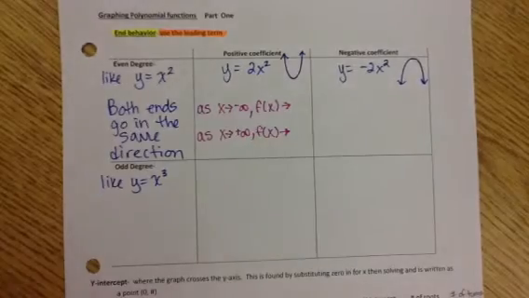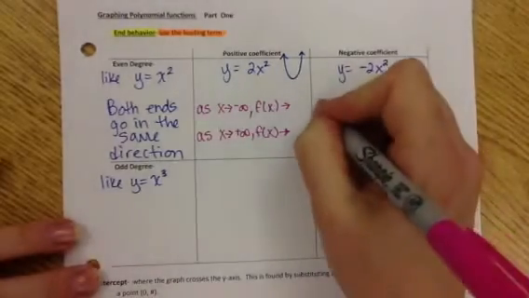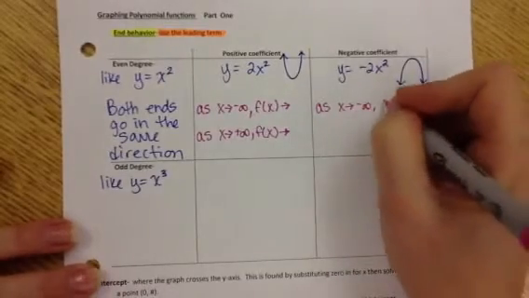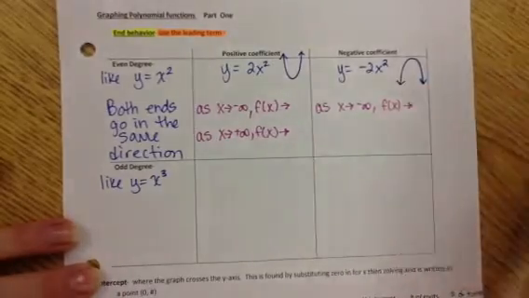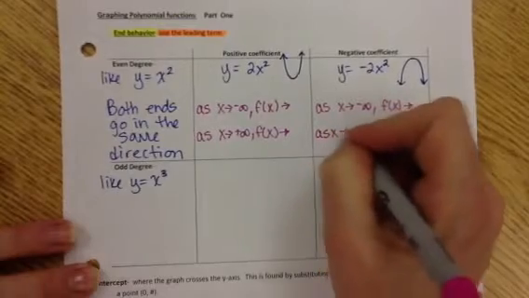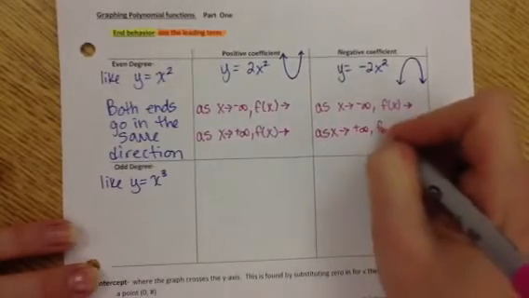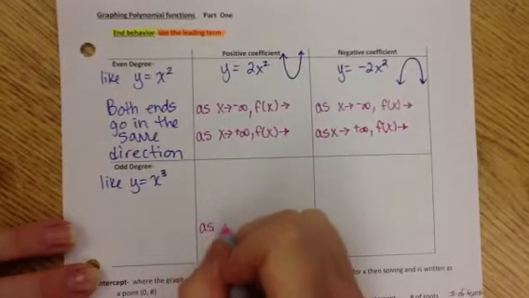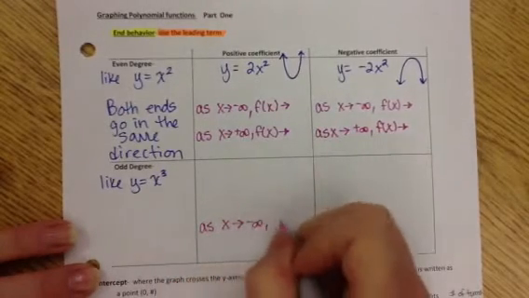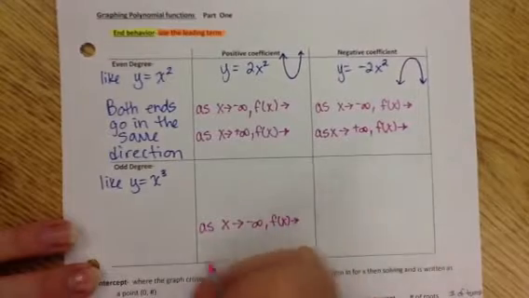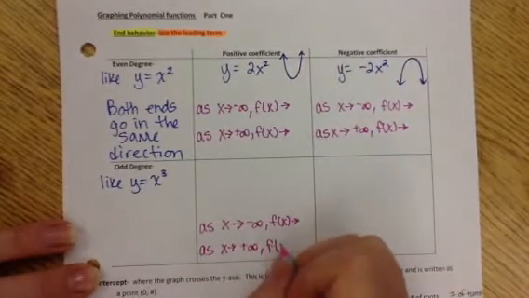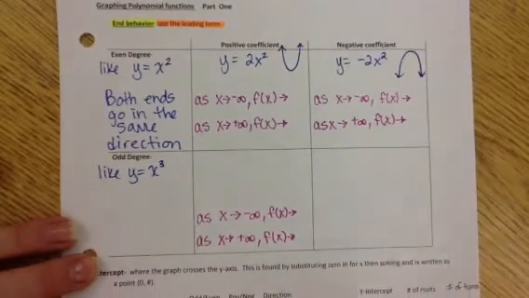So each time you have end behavior, you're going to be starting out the exact same way. As x goes to negative infinity, f of x goes somewhere, and as x goes to positive infinity, f of x goes somewhere. So each of these will be the same, so I'm going to go ahead and fill in all of these boxes, and then we'll talk about what I mean by these expressions.